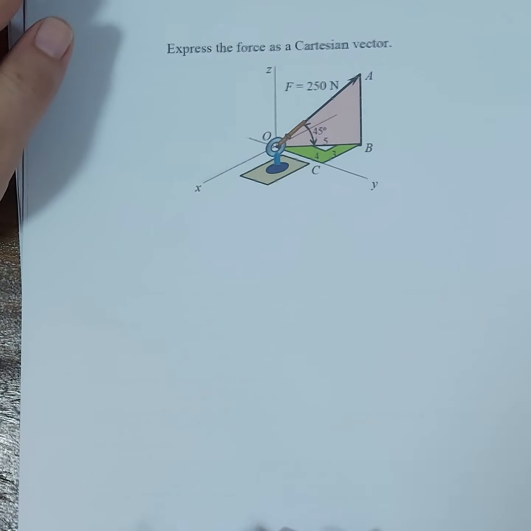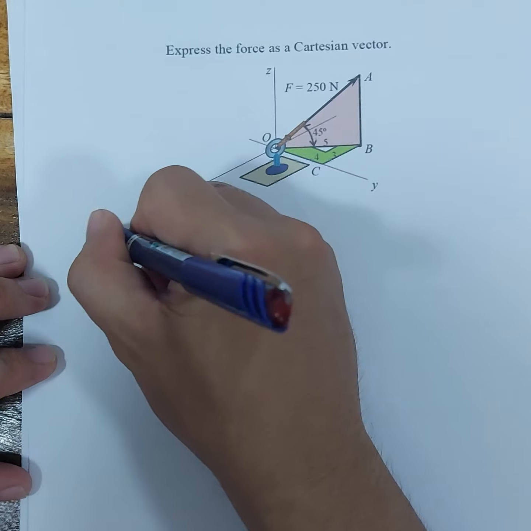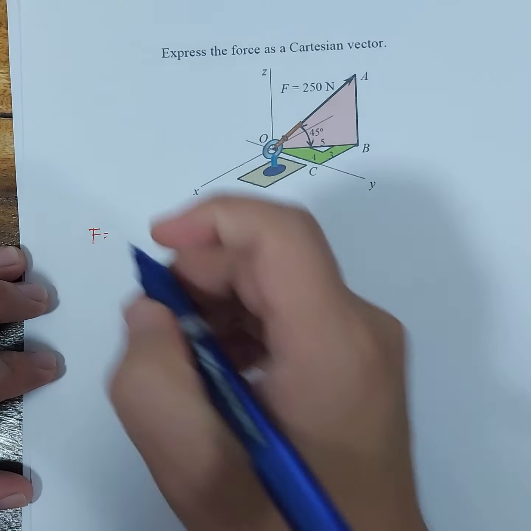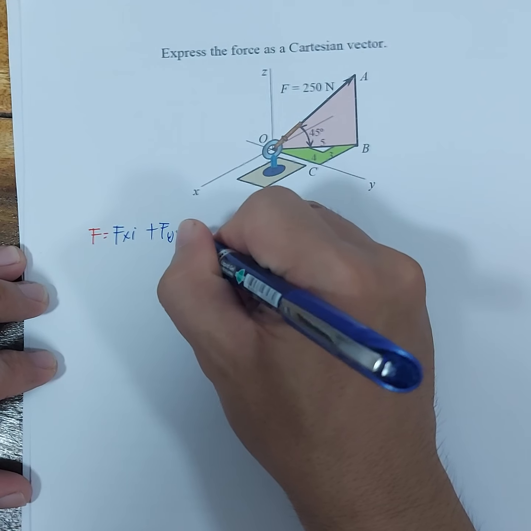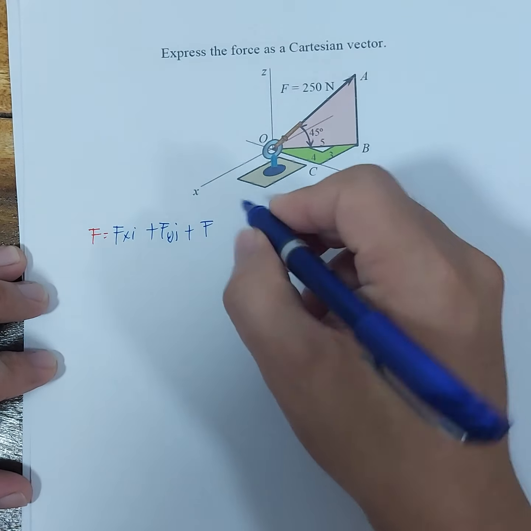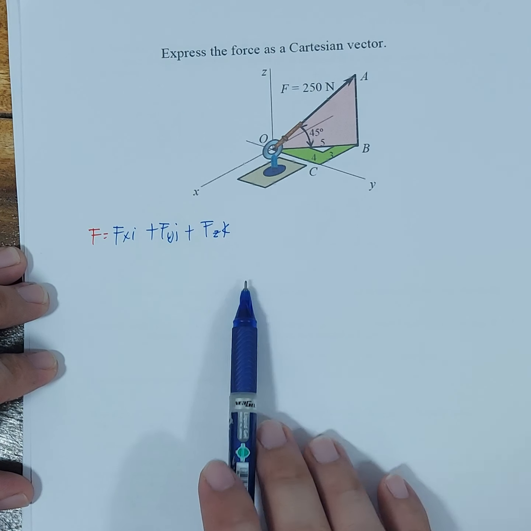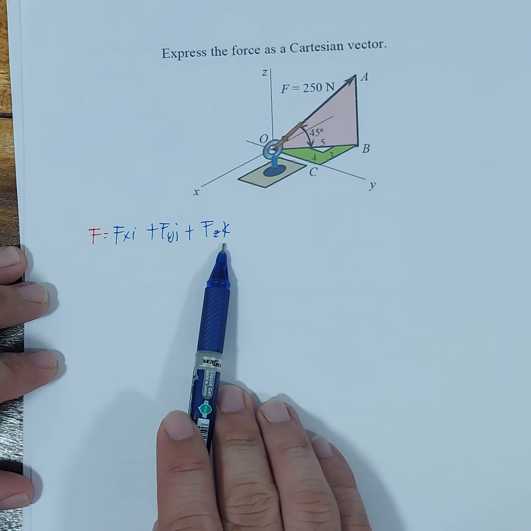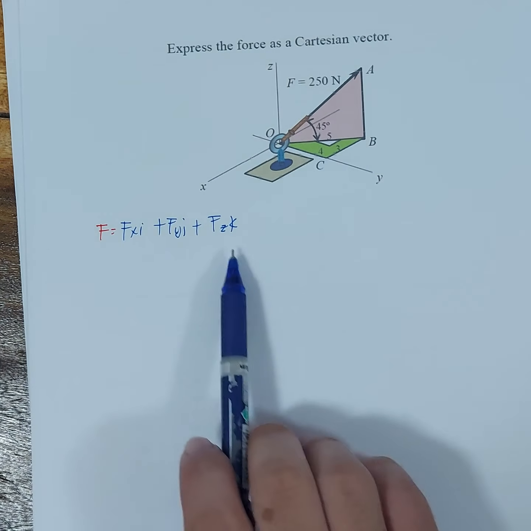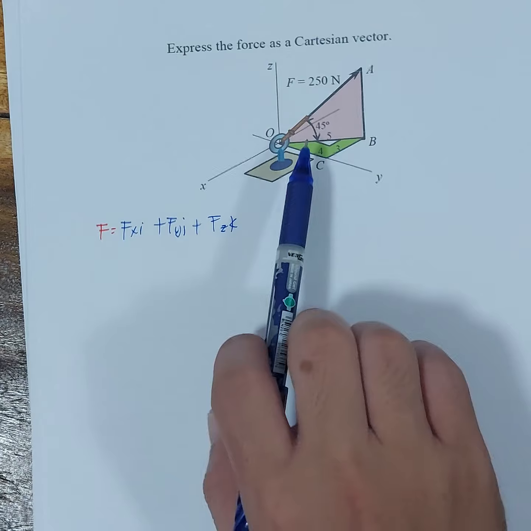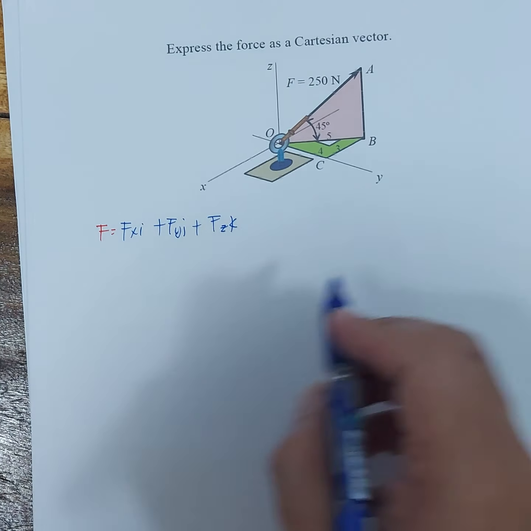So first we remember that the Cartesian vector form F is equal to Fx i plus Fy j plus Fz k. So ang kailangan nating malaman is Fx, Fy, Fz. Yep, we can solve Fz directly. Yun ang pinakamadaling isolve natin, yung Fz.